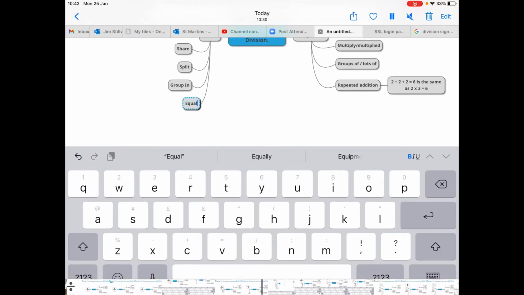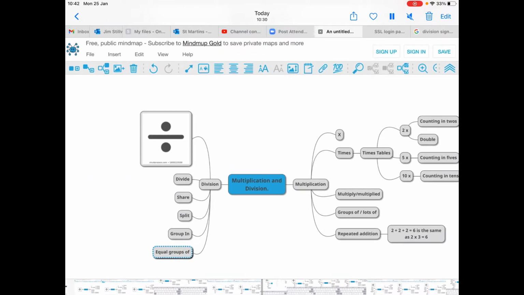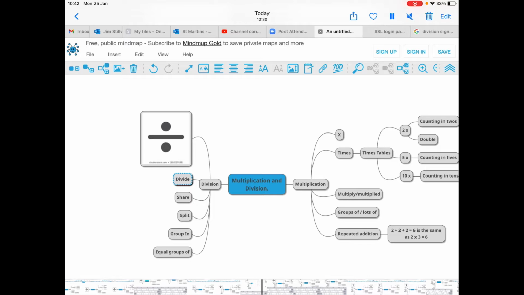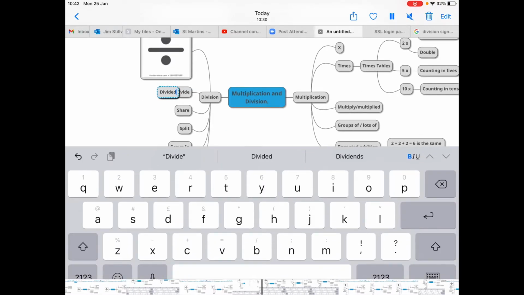We could also use the words equal groups. So when we're talking about groups, we might want to have equal groups. Okay, so we might split 12 into 3 equal groups of 4. We want our groups to be the same when we're dividing, because we're working in whole numbers.